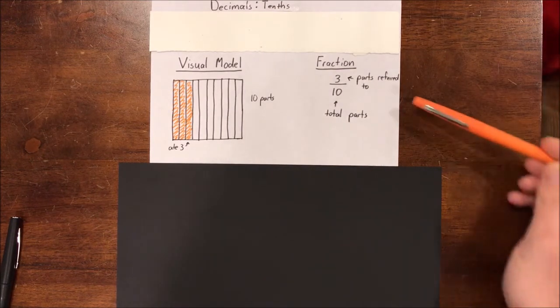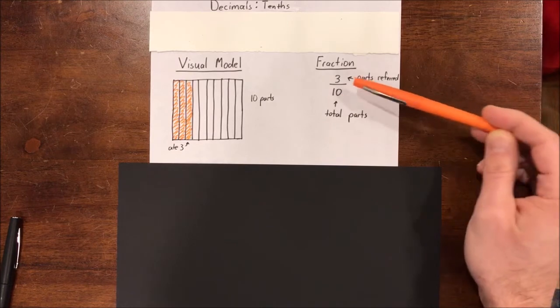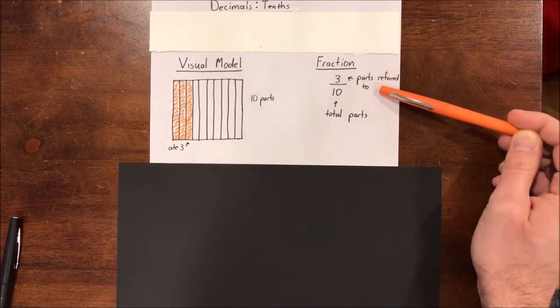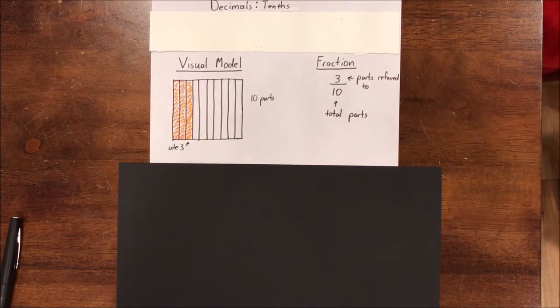So there's 10 equal parts in the whole, so that's the denominator. And then Mr. Oaks ate 3 of them, so those are the parts that we're referring to, and that would be the numerator. Great. So now we're going to actually write this as a decimal, which is something new. And in order to do that, we need to understand some new place values that are decimal place values.